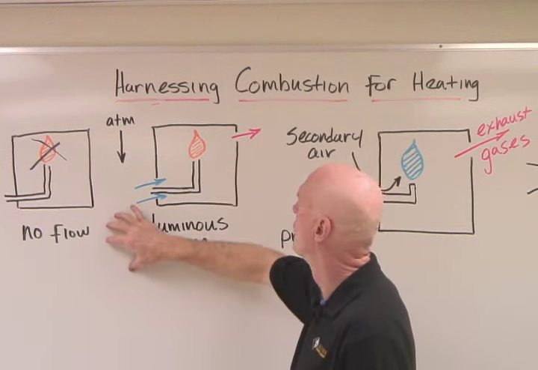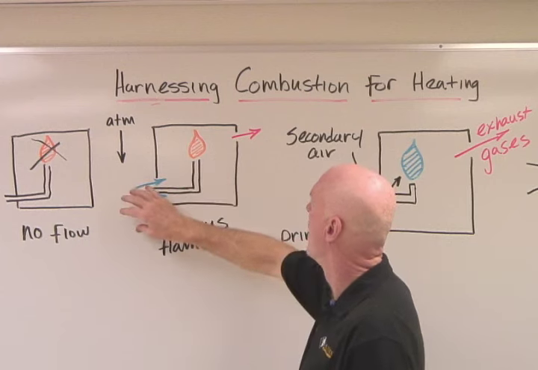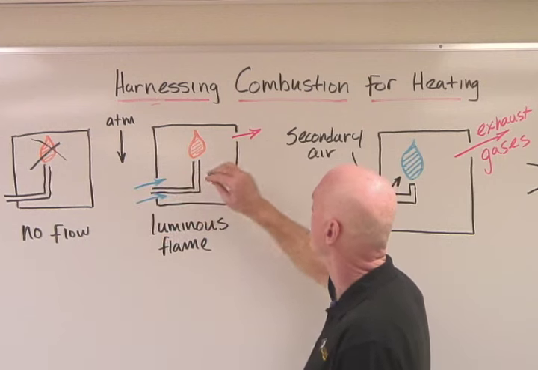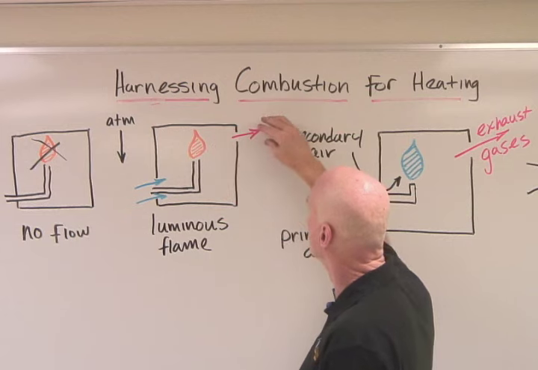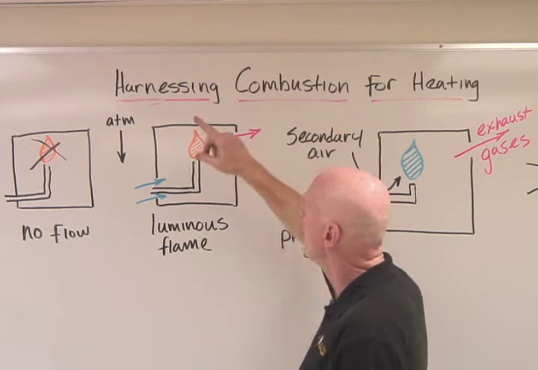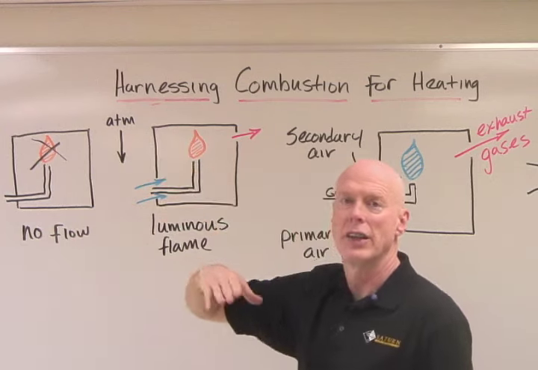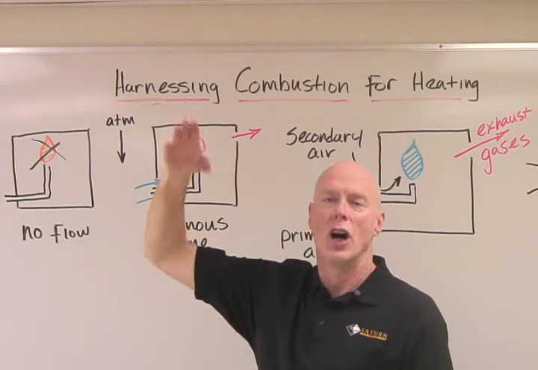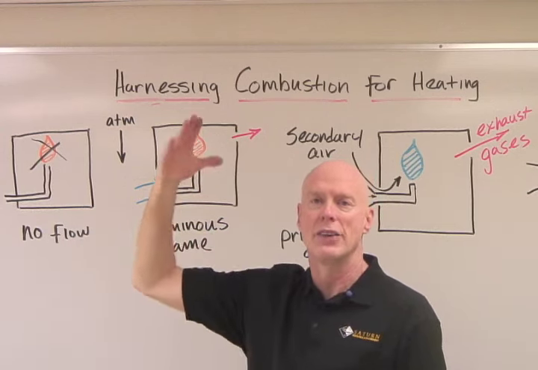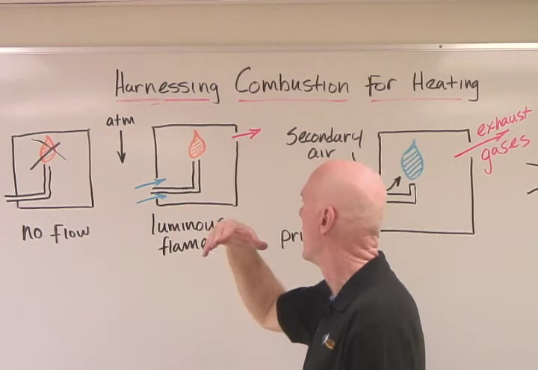We have the flow of combustion air into the combustion chamber and a flow of the exhaust gases out because of the pressure of the atmosphere. You've got this atmosphere that's 20 or 30 miles high that's bearing down on us, okay?